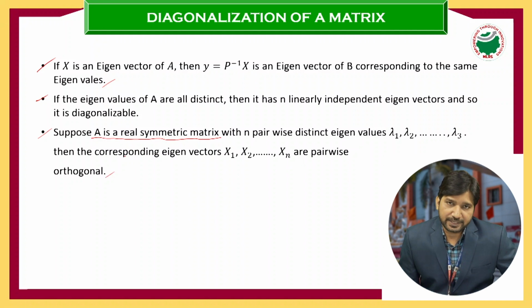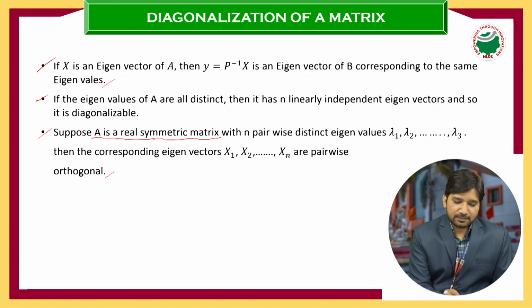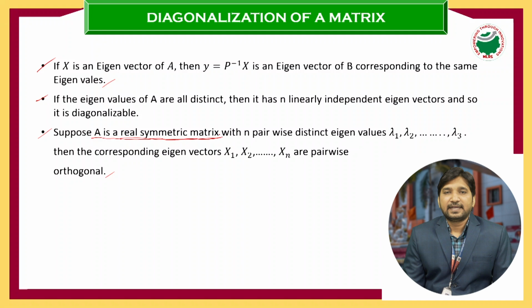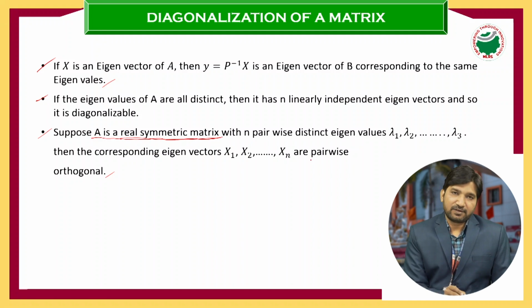Pairwise orthogonal means the product of any two eigenvectors is 0. That is the pairwise orthogonal. Here A is a real symmetric matrix. We note that A is a real symmetric matrix, and X1, X2, Xn are pairwise orthogonal.